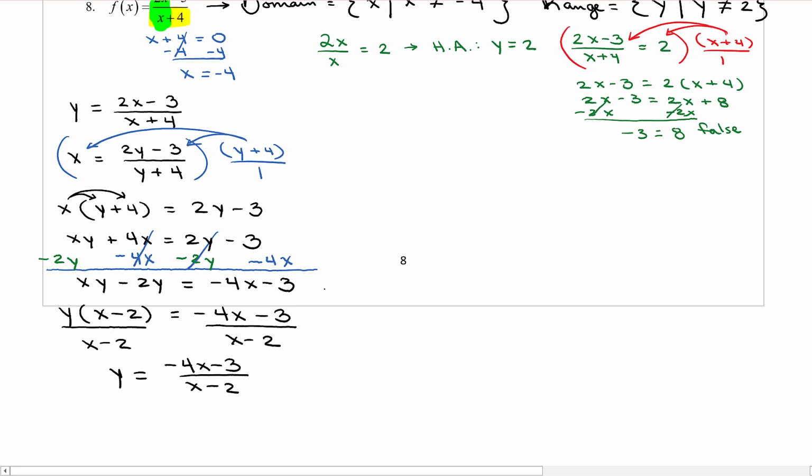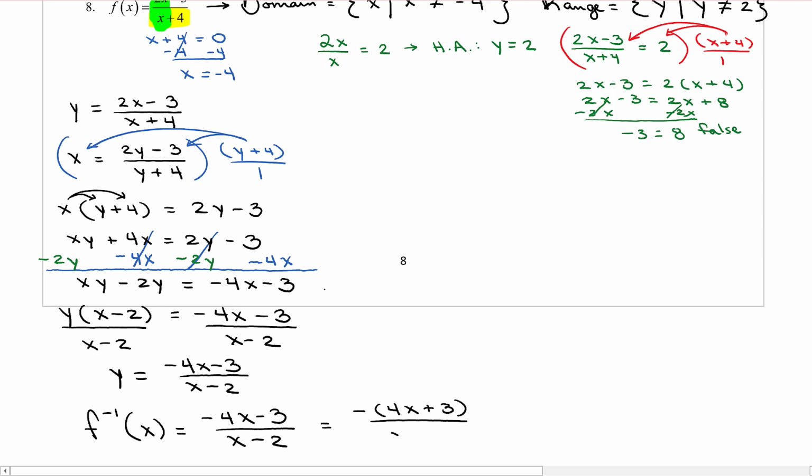Now you guys know, I've talked about this before in my classes, there is more than one right way to write this rational function. So let's talk about the different ways we can write this. I could factor out the negative from the numerator and write it like this for my f inverse of x. I can multiply that negative into the denominator and distribute it if I wanted to.